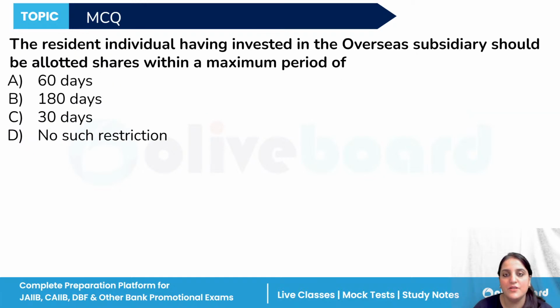Now, the resident individuals having invested in the overseas subsidiary should be allotted shares within a maximum period of what?